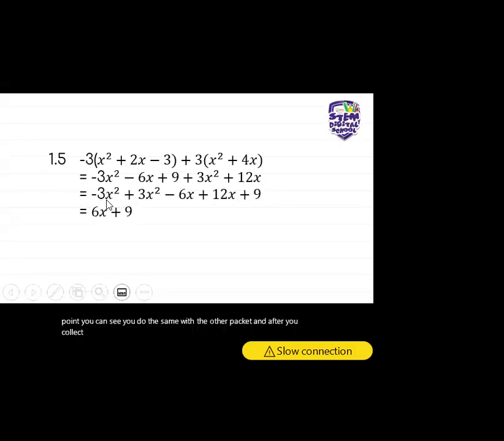Remember, negative 3x squared plus 3x squared, those are the like terms, and they will cancel each other. And then you'll be left with 12x minus 6x, which would be 6x, and then plus 9. So the final answer will be 6x plus 9.